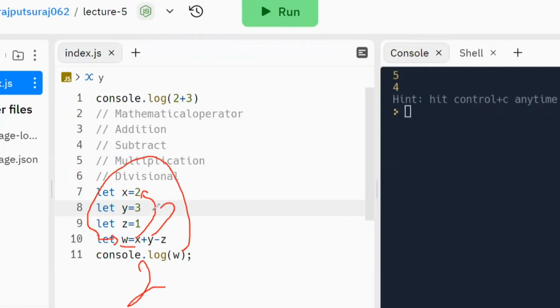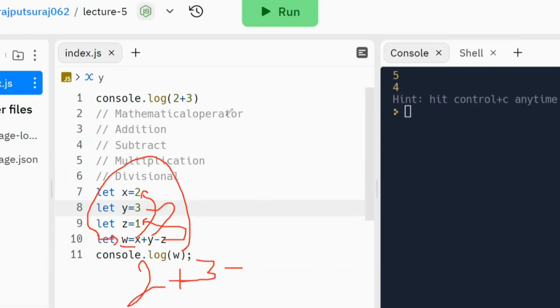You can see that y is 3, because the mathematical operator here is plus, so 2 plus 3, and after that minus z. Where is the z variable assigned? z is assigned as 1. So 2 plus 3 is 5, and 5 minus 1 is 4.